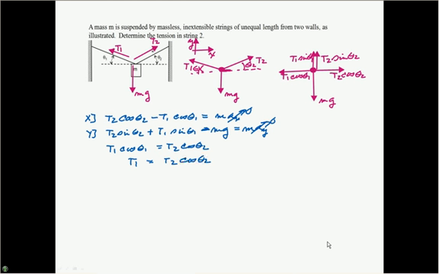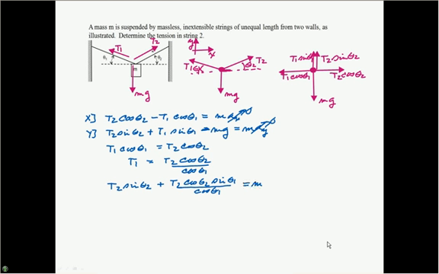Let's take this value for T1 and substitute it into the y equation. Doing that, I get T2 sine theta 2 plus T2 cosine theta 2 sine theta 1 over cosine theta 1 equals m1g.